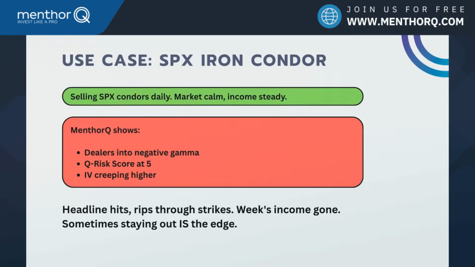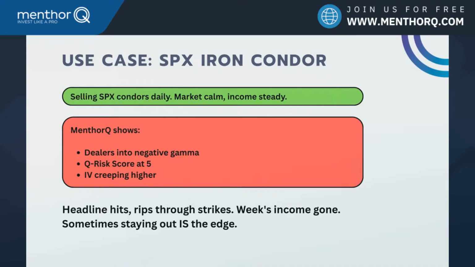So let's make a very, very quick example. You're an SPX iron condor seller and you sell iron condors every day. The market has been calm, volatility has been low, and you've seen steady income coming from premium. But then you wake up one morning and you see that dealers are moving into negative gamma.